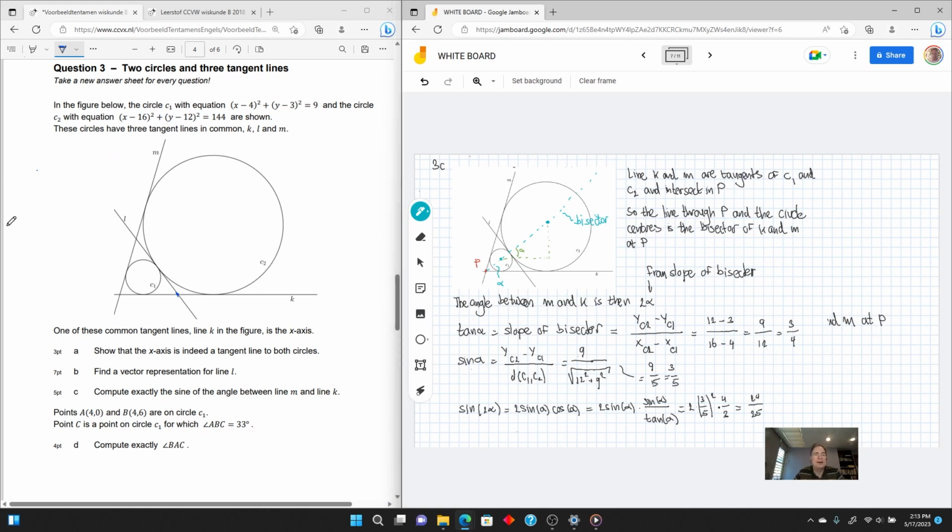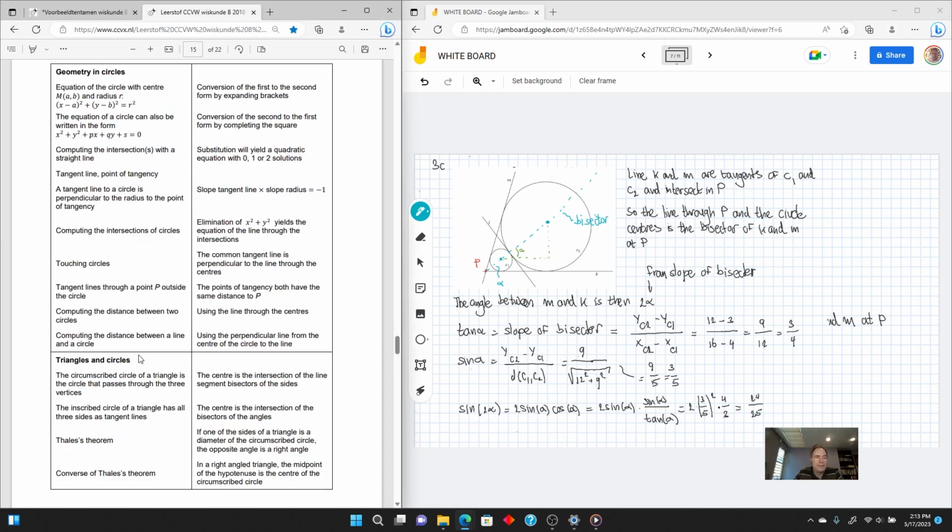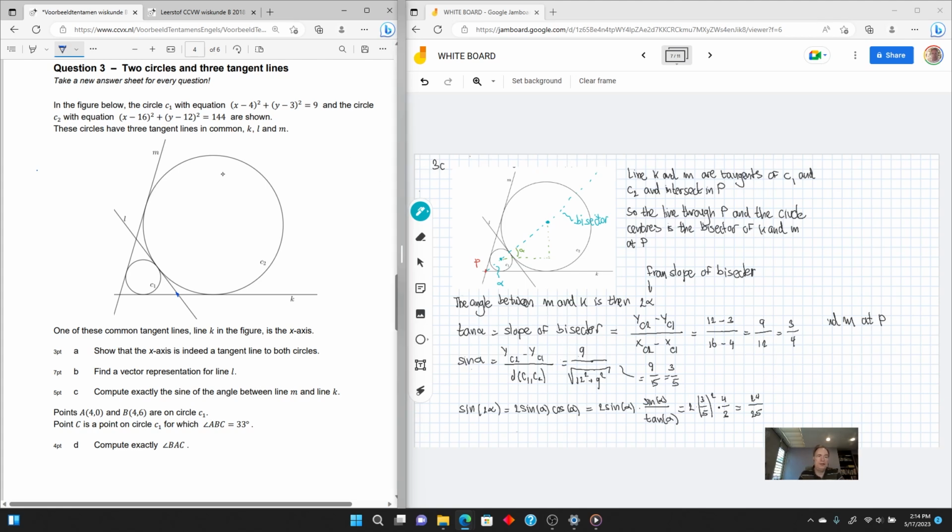And going back, I thought it's mentioned somewhere that if you have two tangent lines, like line M here and line L, that they come together here in, say, a point P, and the bisector of this point P is actually the line that goes through the circles.